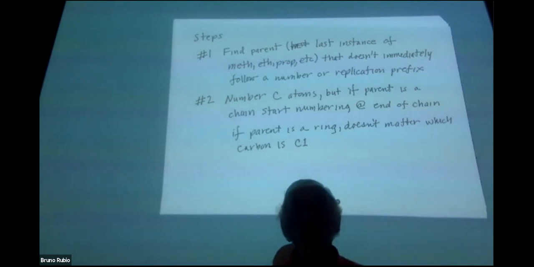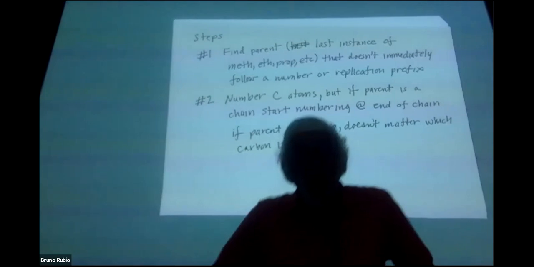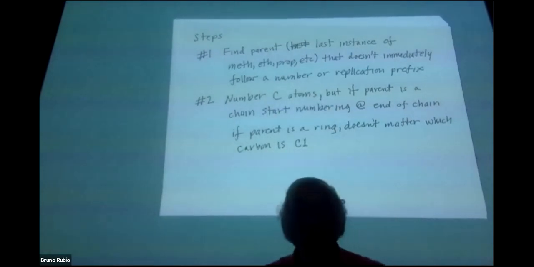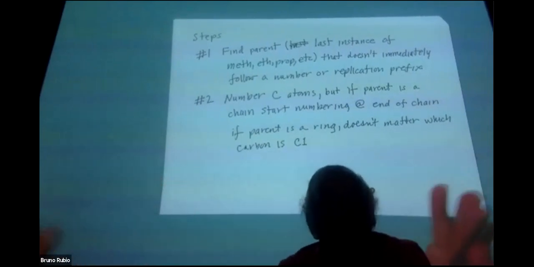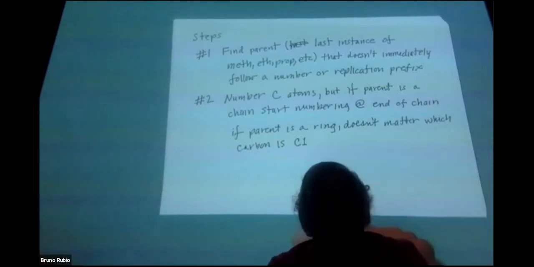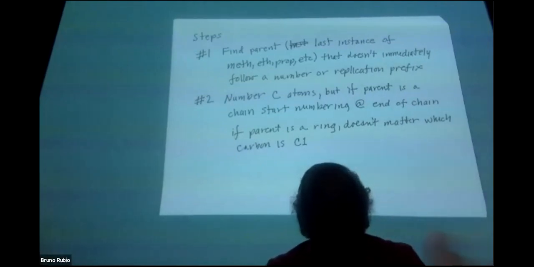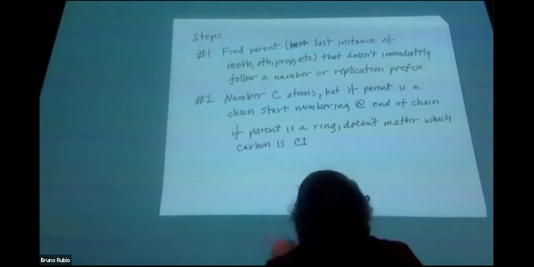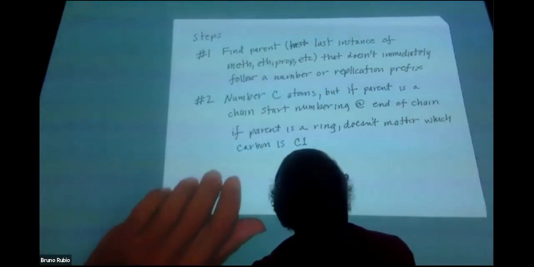When the parent is a ring, it doesn't matter where you start numbering. You can number anywhere. Okay, and so then the next step is simply you're writing the name, and remember, you have to follow that 5-part plan of the systematic name. Okay, so I think we're ready to begin.